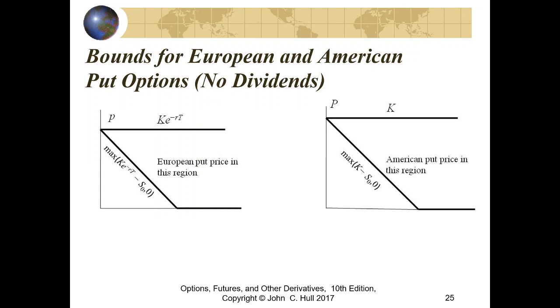For an American put option, the upper bound should not exceed K, and the lower bound should not be lower than K minus S0. However, for a European put option, the upper bound is the present value of K, and the lower bound is the maximum between the difference of the present value of K and S0, or 0.